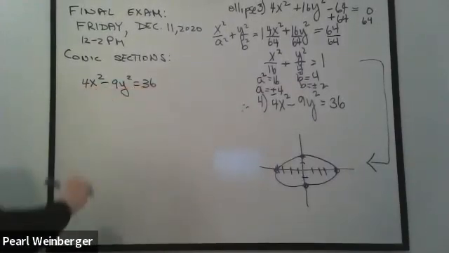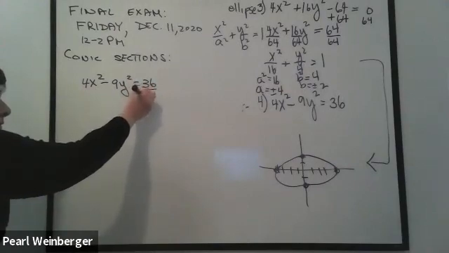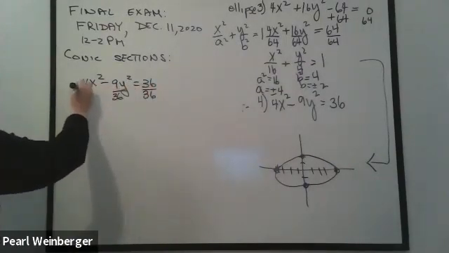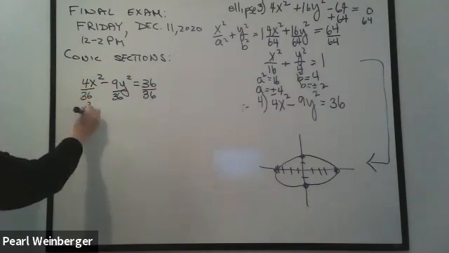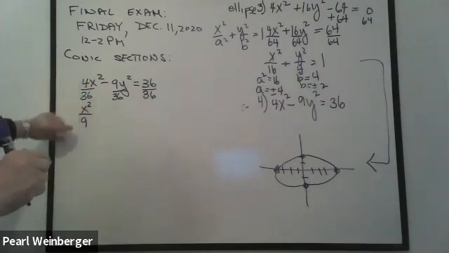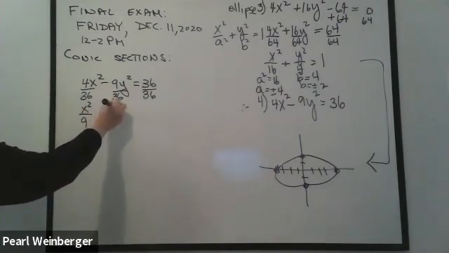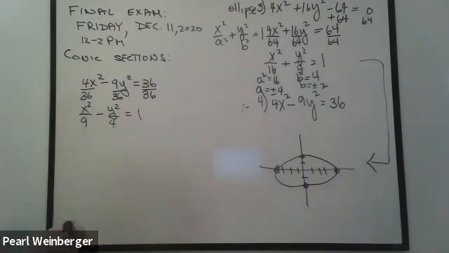Again, we want to put this in standard form, which means we divide everything by 36 to get 1 on the other side. Reducing 4 with 36 gives me x squared over 9. Remember, the 9 is in the denominator because the larger number is in the denominator. This gives you y squared over 4 equals 1.